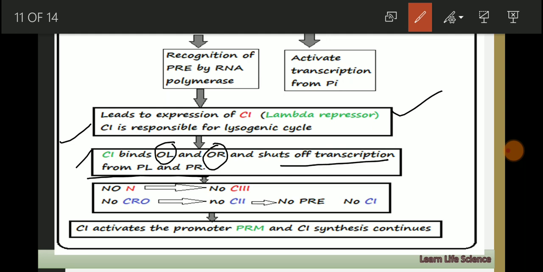As I have told you, if the operator region will be blocked, then the RNA polymerase cannot move further. Okay, so this is what is mentioned here.